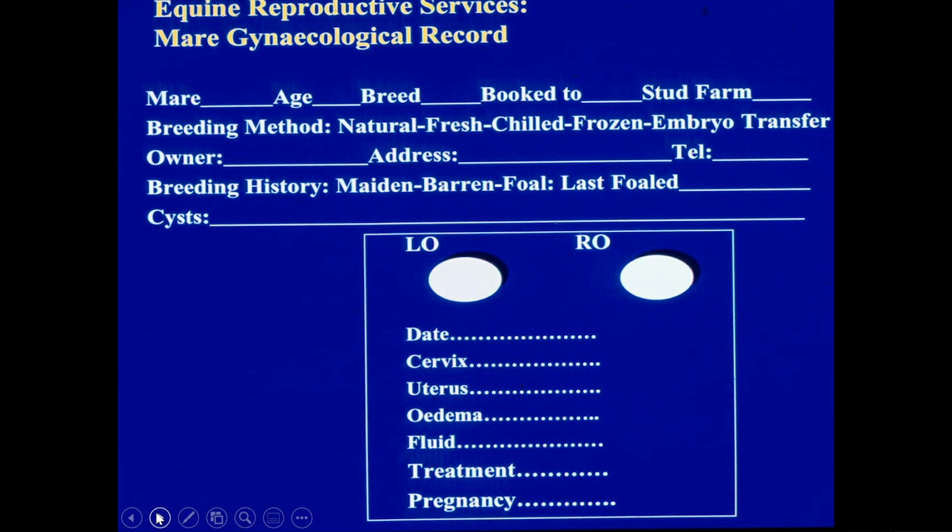And as the mare's coming into the crush for me to examine, I can flick back and have a look at the record so that it brings back to me, oh, this is what I found last time, or get a little bit of information about what size follicles this mare tends to ovulate from, and so on and so forth. So very important to have an accurate gynecological record.